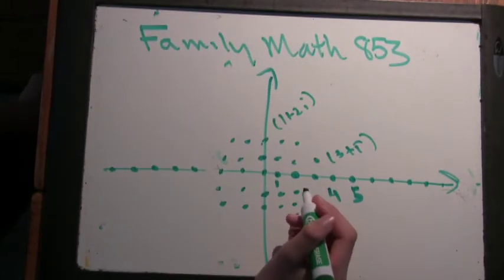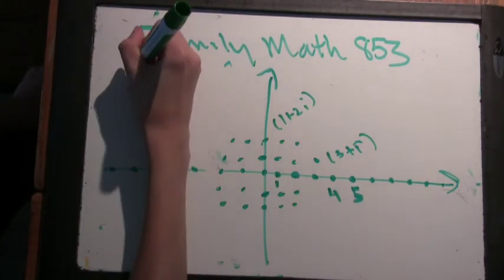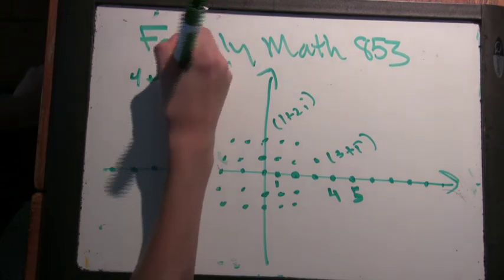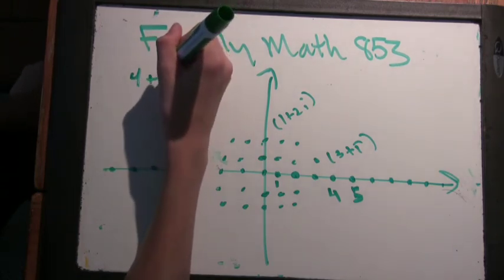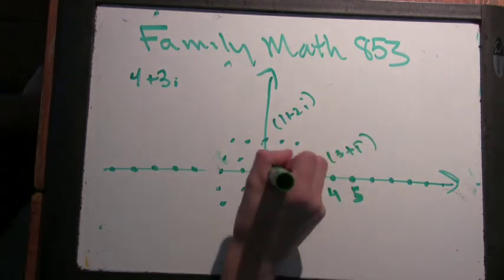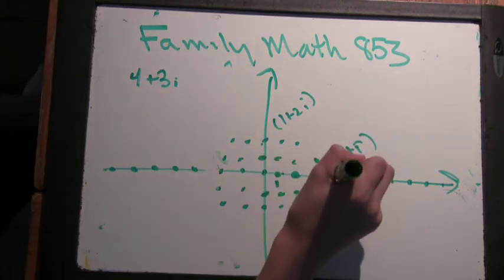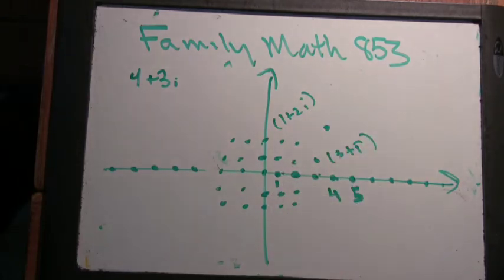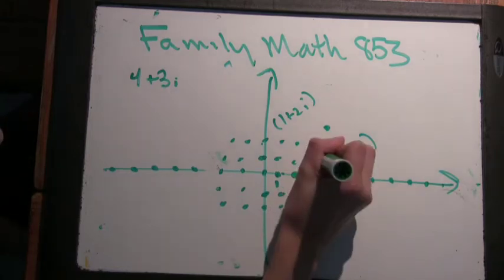Well, you get 4 plus 3i. Where will that actually be? So 1, 2, 3, 4, and then 2, 3. Why don't we highlight the points, make them darker green or bigger dots, the ones we picked.